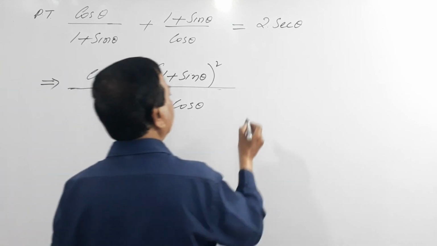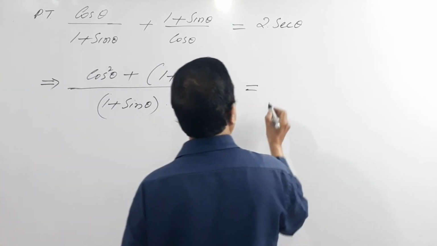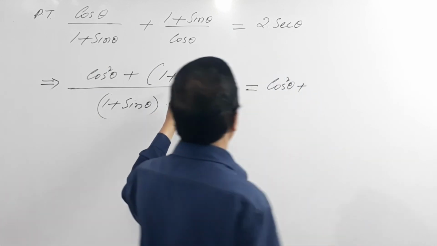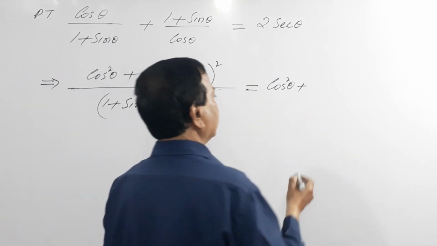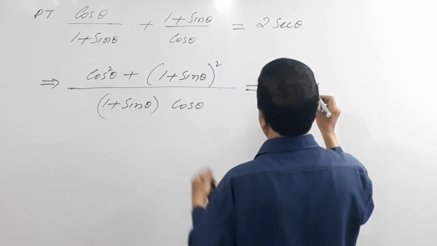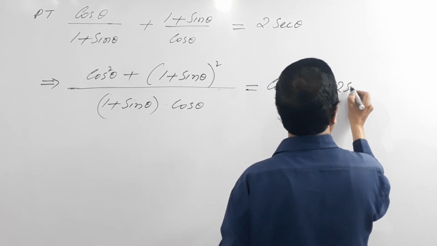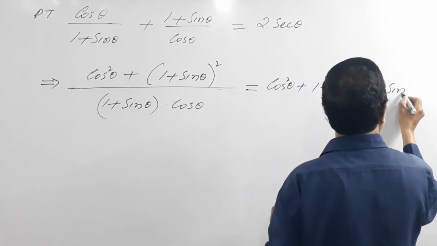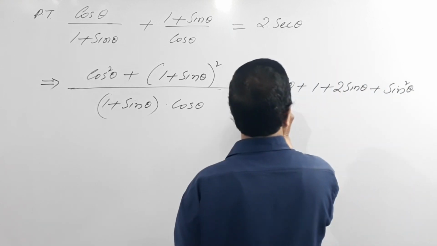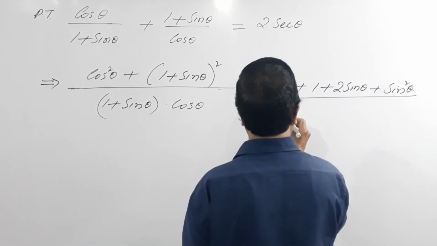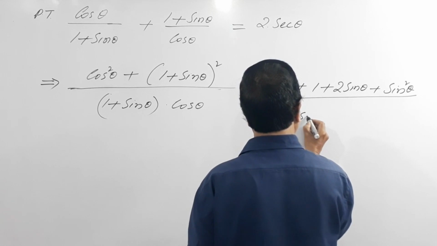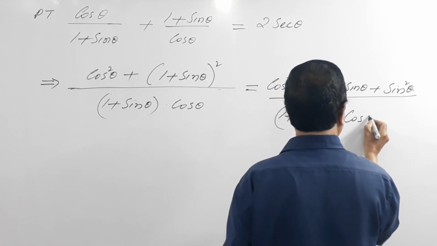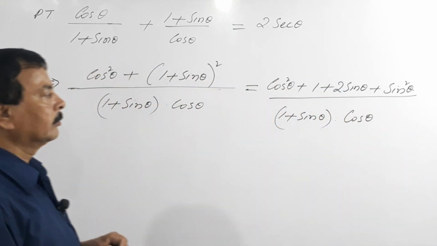So what will this become? This equals cos square theta plus a plus b the whole square. That is 1 square is 1 plus 2 sin theta plus sin square theta, divided by 1 plus sin theta into cos theta, right?